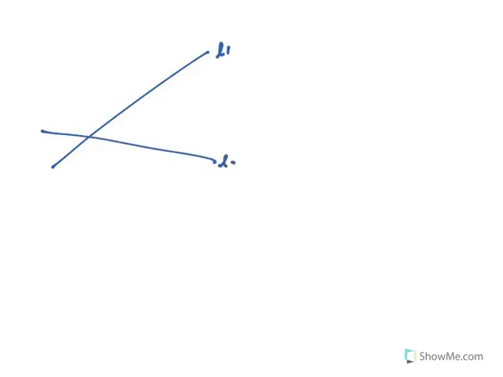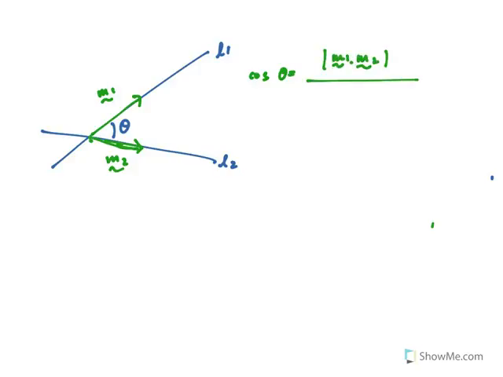Remember that if this is line 1, line 2, and this is theta, then in the formula from the notes you have seen before, line 1 has direction vector m1, line 2 has direction vector m2. Cosine theta equals the modulus of m1 dot m2, over mod m1 mod m2.